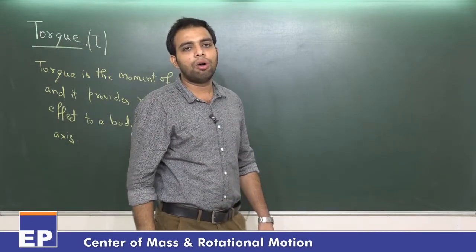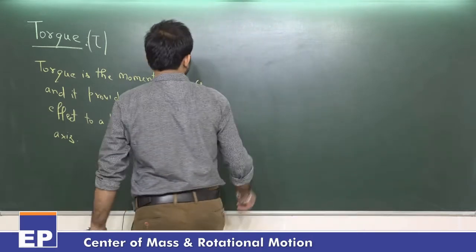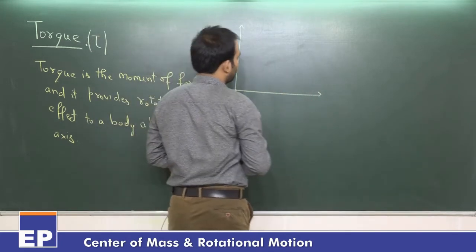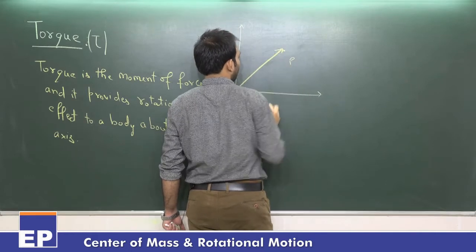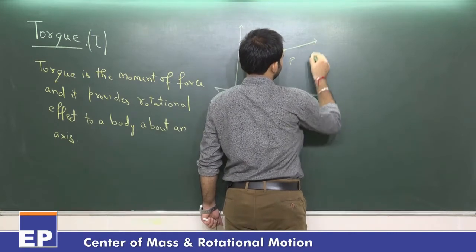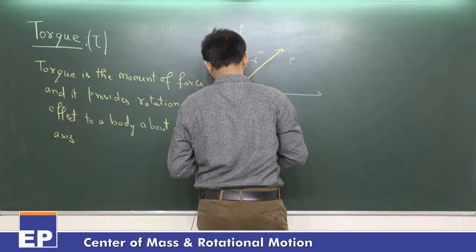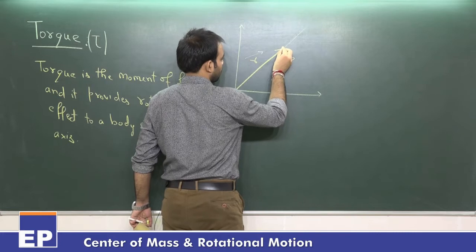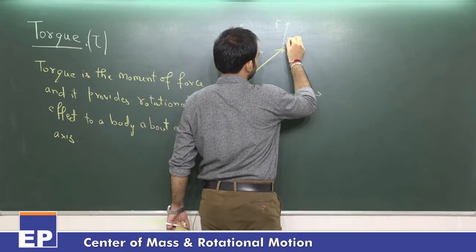Look, how will we define torque? How is the torque defined for any force? Let's suppose this is the point O, this is the point P, and this is the vector joining O to P, which is the R vector. The force is acting in this direction, and the angle is theta.